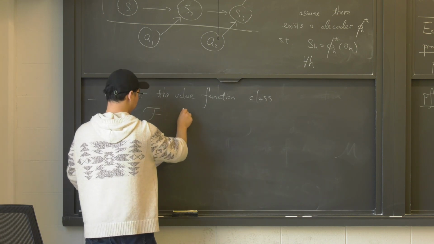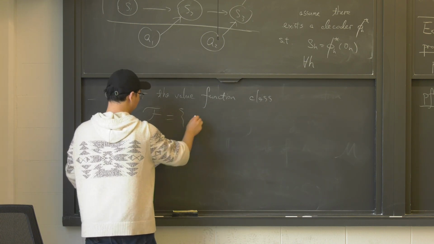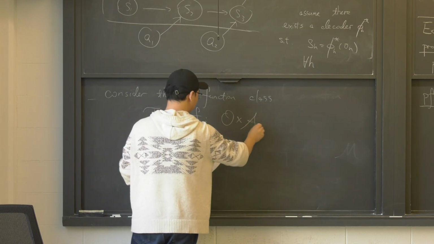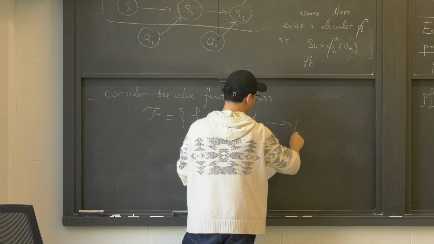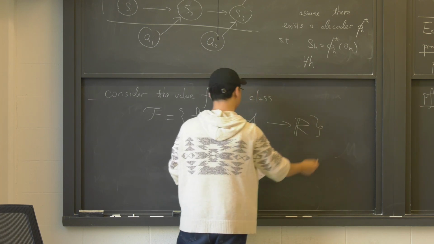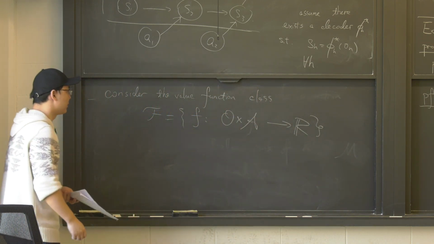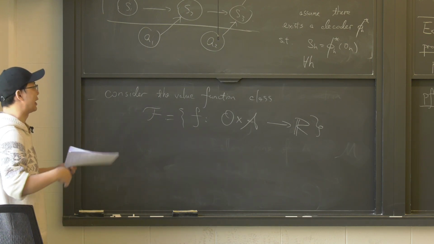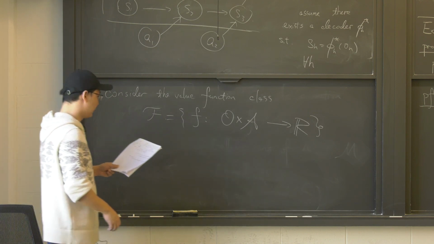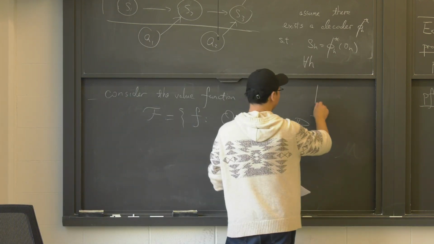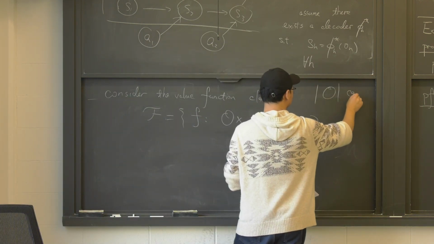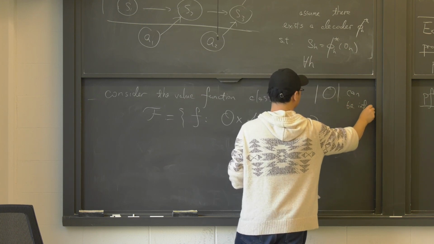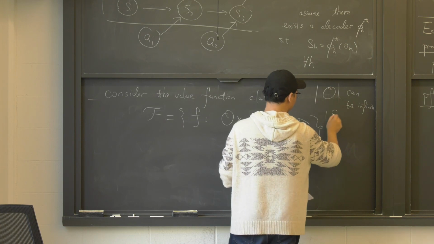That f basically only looks at the current observation and action and maps it to a real value. So you can think of this observation as serving as a more complex state. So the cardinality of O can be infinite, while S is small.